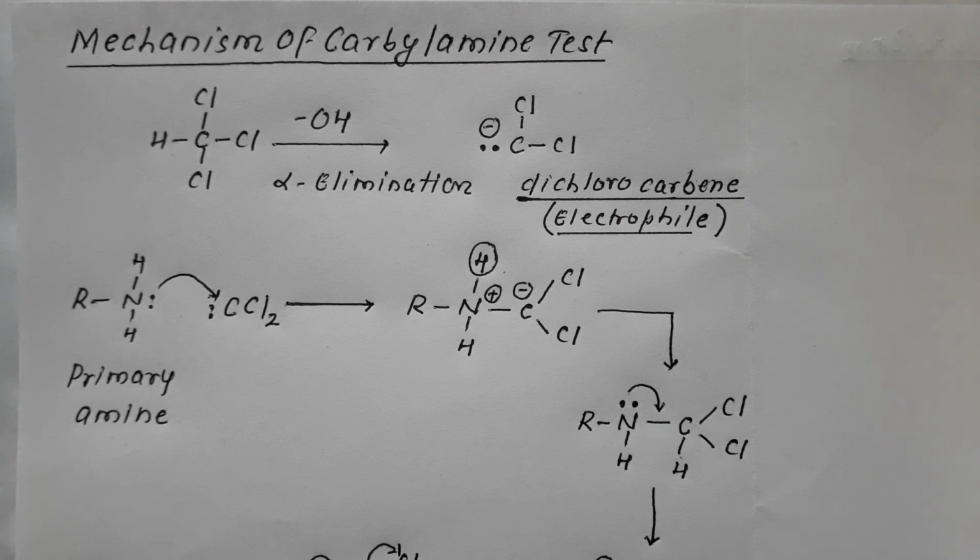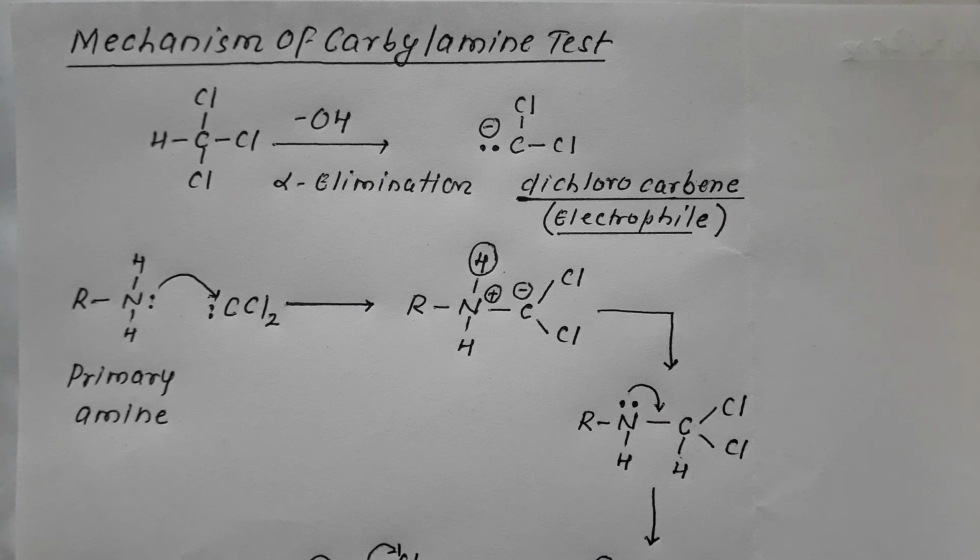This species then loses its chlorine. This chlorine is lost and this electron pair is taken away by chlorine. As the result, it forms RN triple bond CH, and now this H is attacked by the OH- present in the system and it is taken away, that is, it gets lost in form of a water molecule.